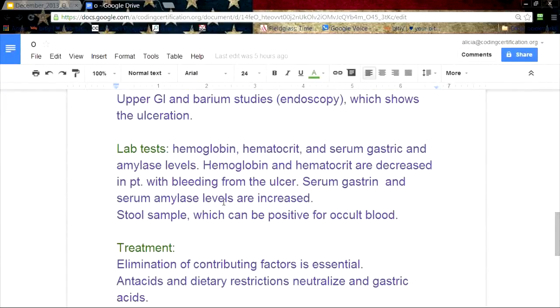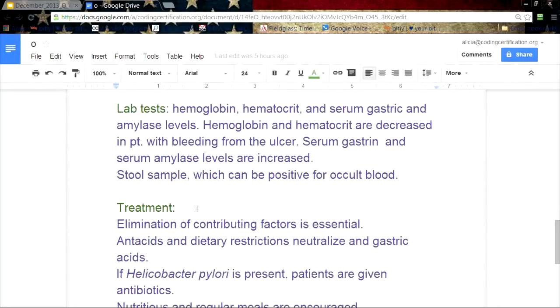The serum gastric and serum amylase levels are actually increased. And then they can do stool samples, which can be positive for occult blood, and that's where they literally take feces and put it on this little card, and it turns to a specific color if it's got blood in it.